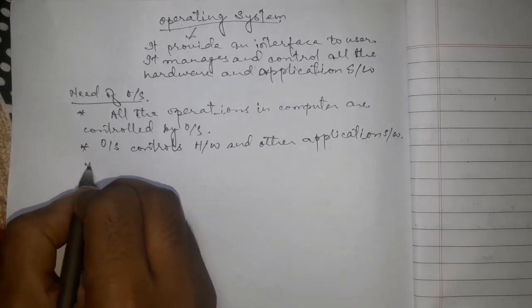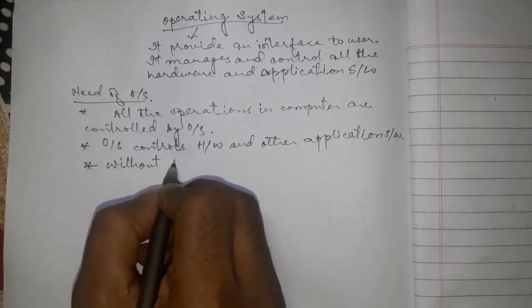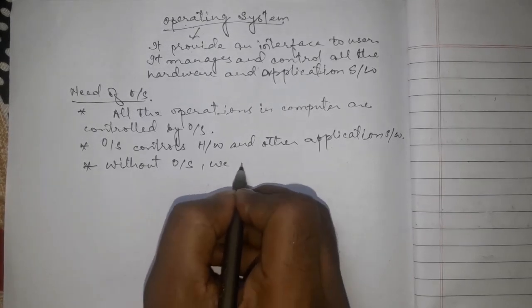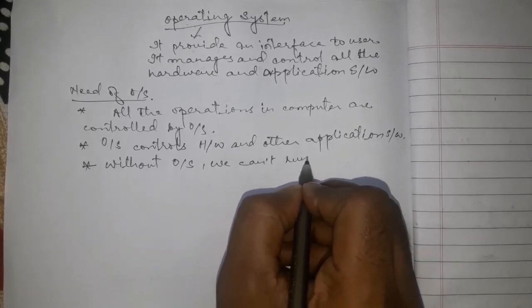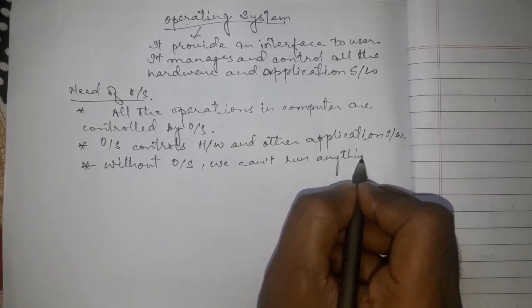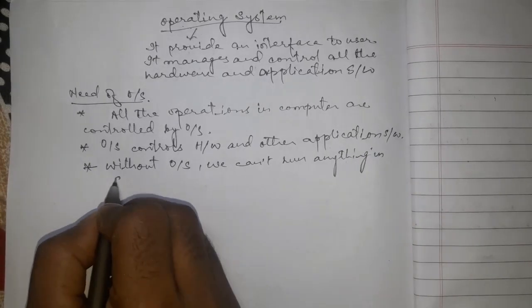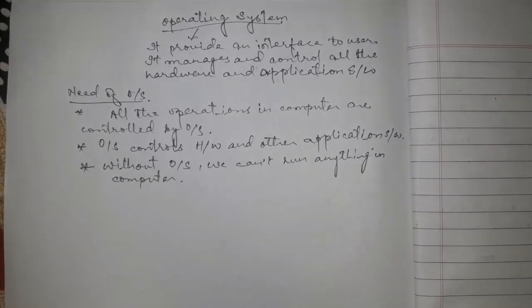So without the operating system, we can't run anything in the computer. It means that without the operating system, it cannot be imagined to access any interface or to operate the computer.